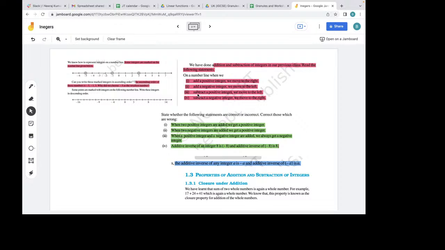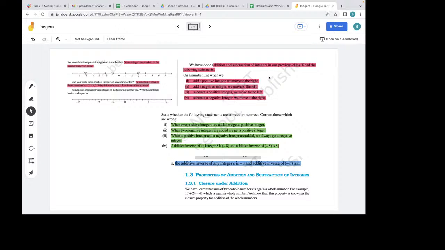Okay, and then when we subtract a positive integer, it's the opposite from the first one. When we subtract a positive integer, we always move to the left, and when we subtract a negative integer, we always move to the right.